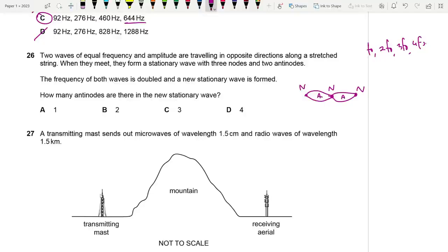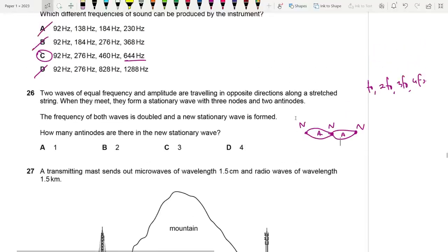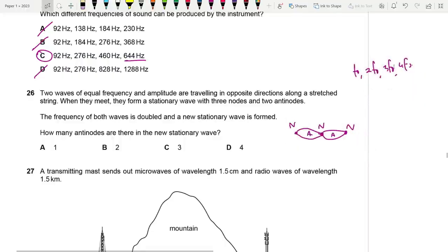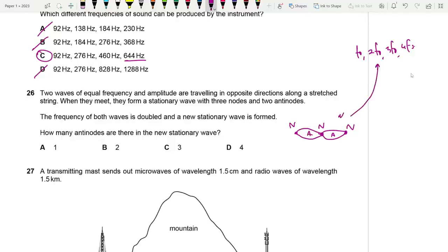The frequency of both waves is doubled and a new stationary wave is formed. Interesting. How many antinodes are there in the new one? So I just told you, according to the last one, if you have 2 nodes at the end, this is the pattern. If you think about it, which pattern does this one correspond with? It corresponds with this.